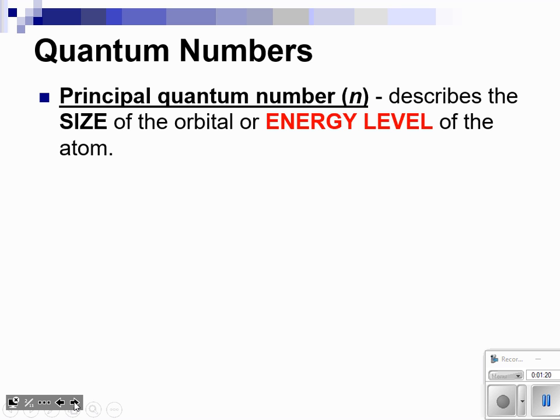Go ahead and take out your periodic tables. If you have the bigger periodic table, let's take the bigger periodic table out for now, because it already has these energy levels numbered.